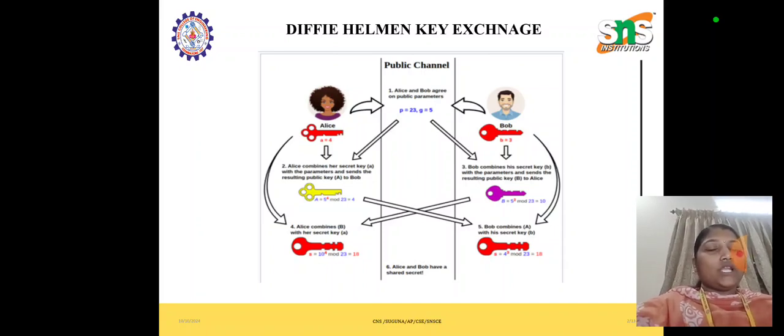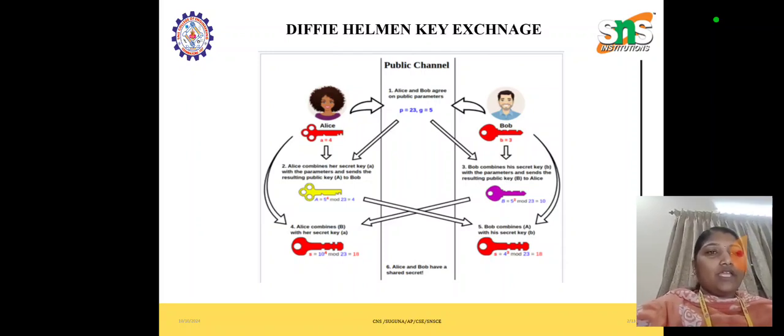eavesdroppers. So like in this diagram, there will be a public channel. There are two users, Alice and Bob. First, Alice and Bob agree on public parameters, that is, they take two public values, P and G. Now Alice will combine her secret key A with the parameters, and then produce a public key and send that public key to Bob.